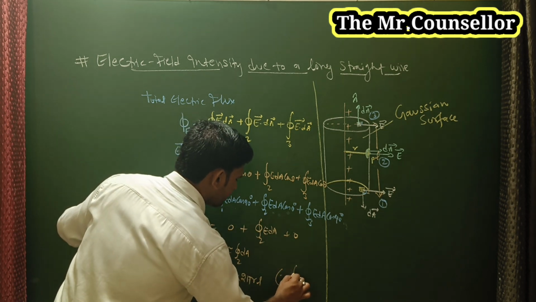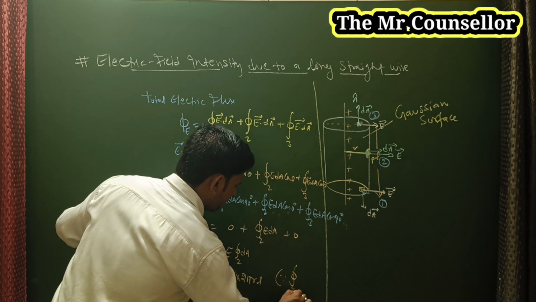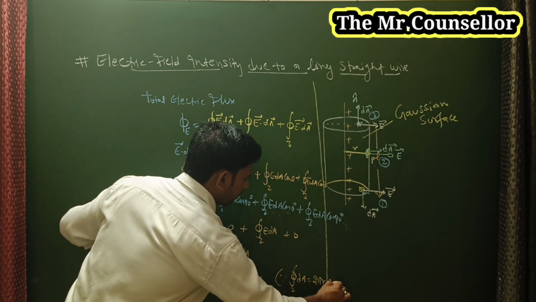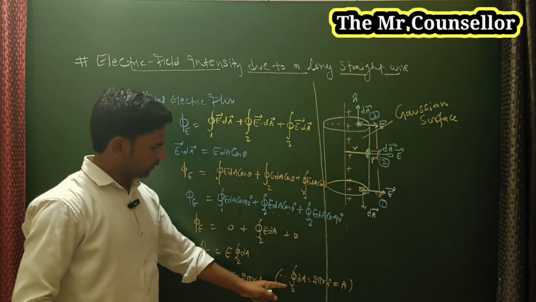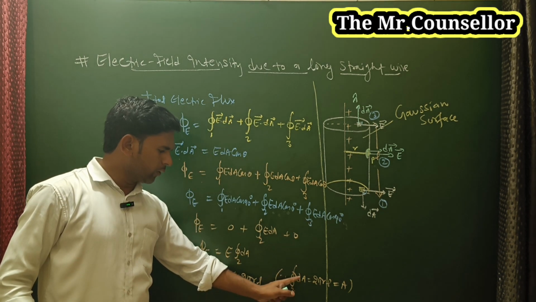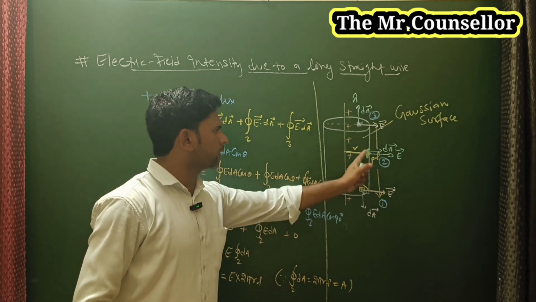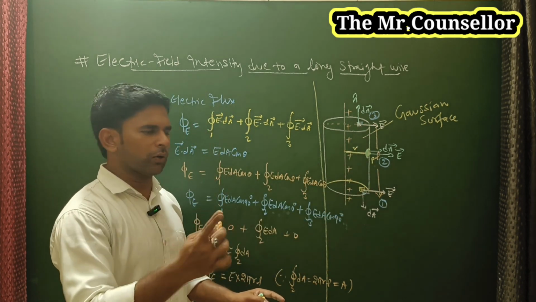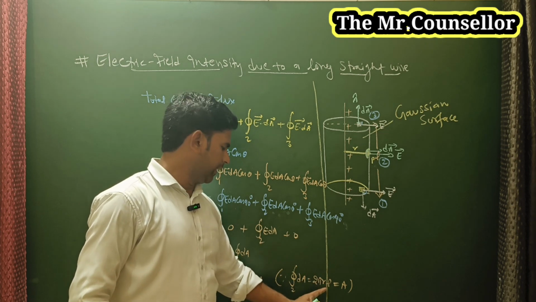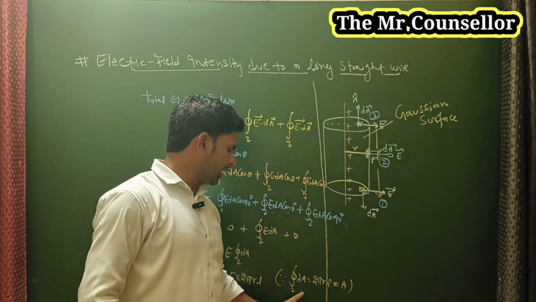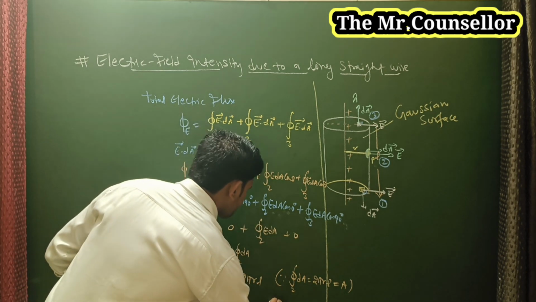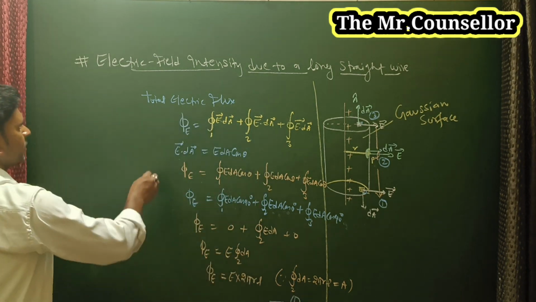Because this area you are considering is 2 pi r L. You can also write capital A, no problem. The closed integral of the elementary area dA: you are going to integrate over the whole surface, so you get 2 pi r L. It means area A is equal to 2 pi r L. No problem. Till here any doubt? So you can call this equation 1.